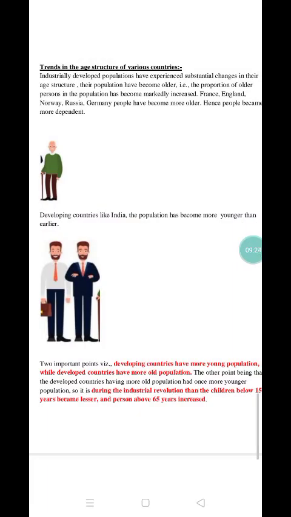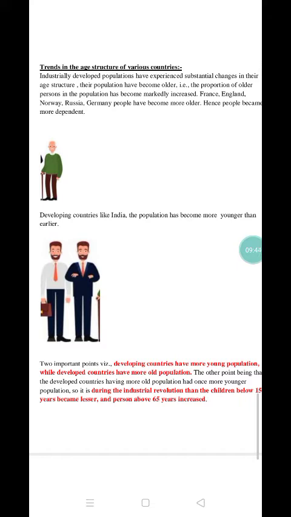So the trends in the age structure of various countries show that in developed countries like France, England, Norway, Russia, Germany, the population has become more stabilized, and older people are more in number. So what would happen then?